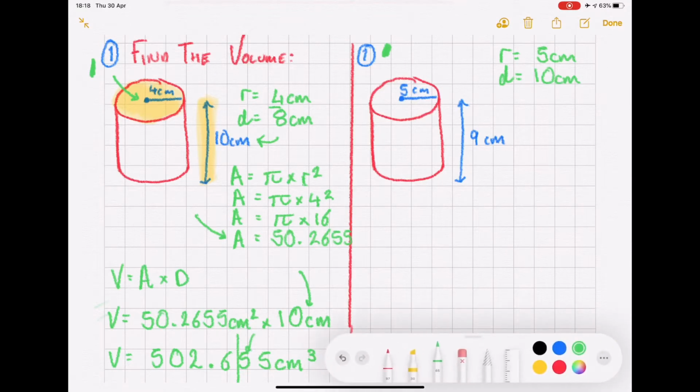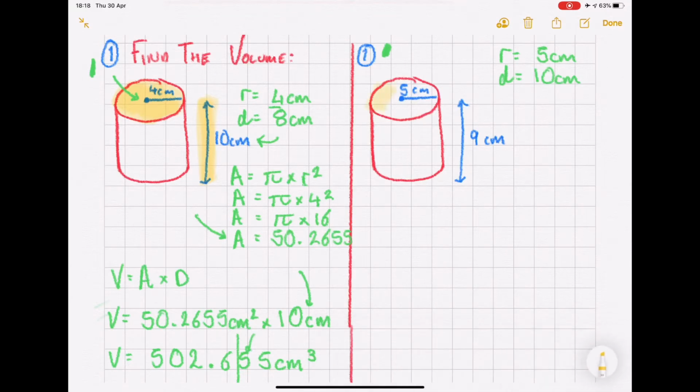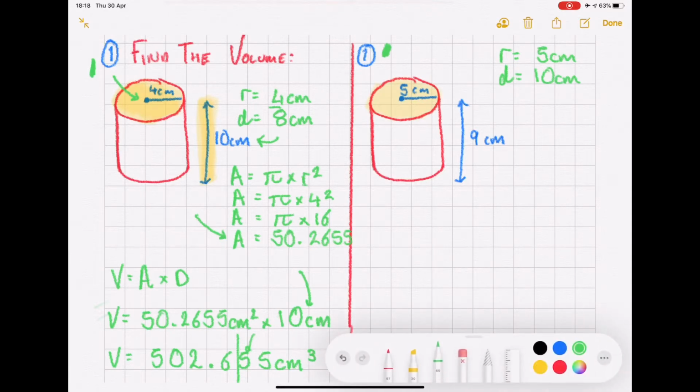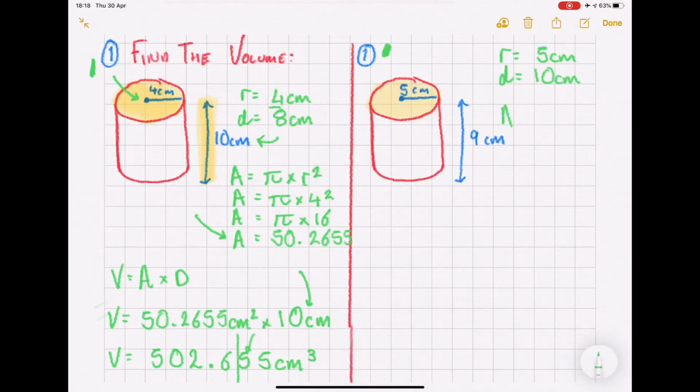Now, our first step to find the volume is finding the area of that circle, the cross section. So area equals pi times r squared. Therefore area equals pi times 5 squared. Area equals pi times 25, because that's 5 squared.